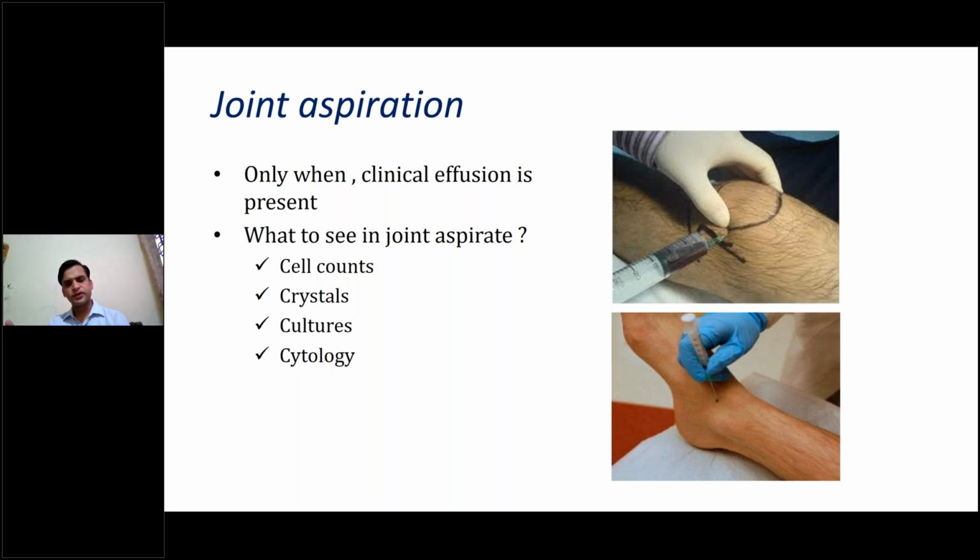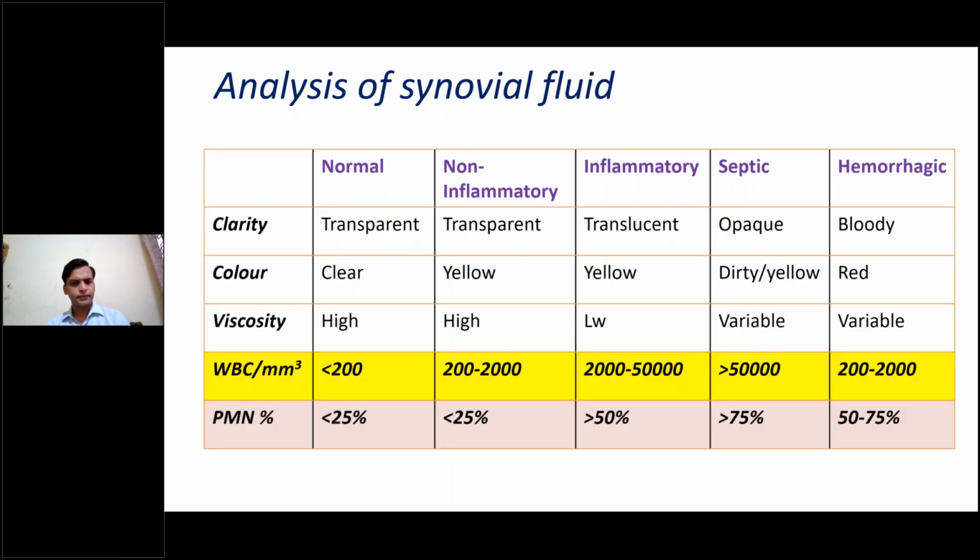With the help of joint aspiration, we see cell counts, crystals, cultures, and cytologies. These four things we try to see in every joint aspirate. So these are the analyses of various types of joint fluids, the basic analysis.